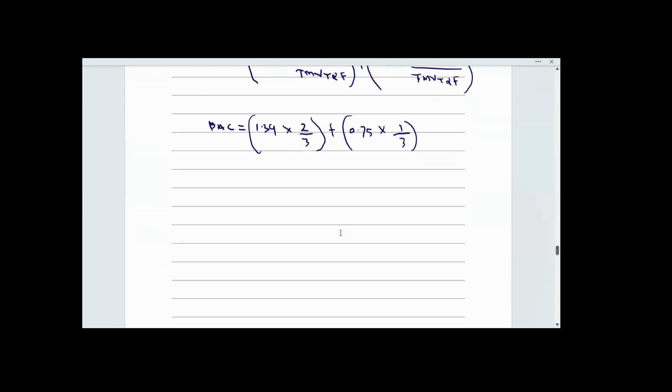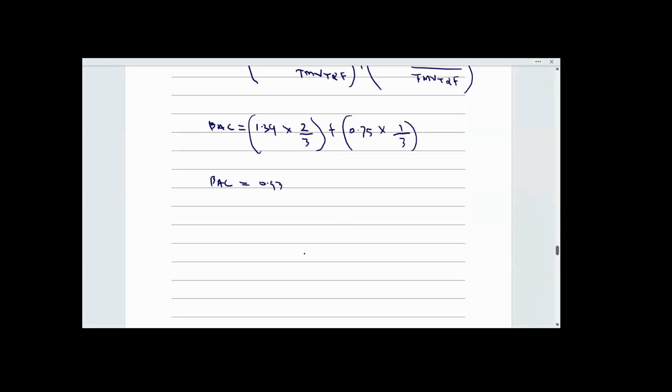Okay, so then BAC, beta asset of the combined, from the left it will give us 1.39 multiplied by 2 divided by 3 equal, that's 0.93. Here is 0.93.